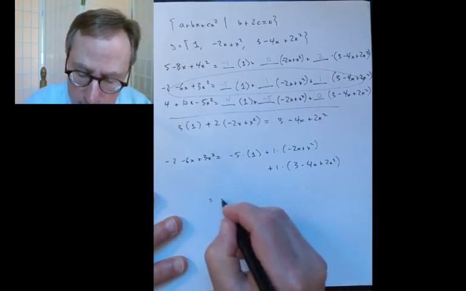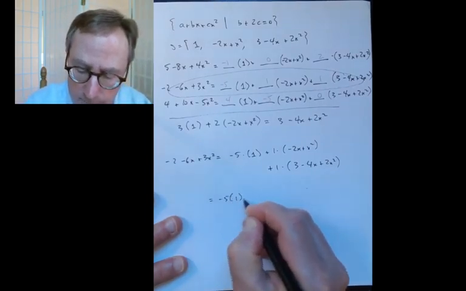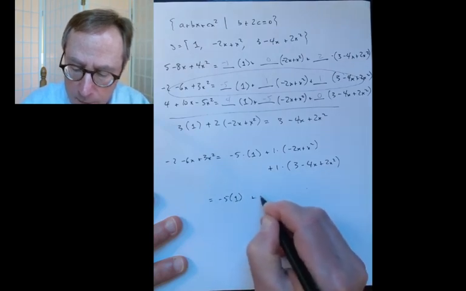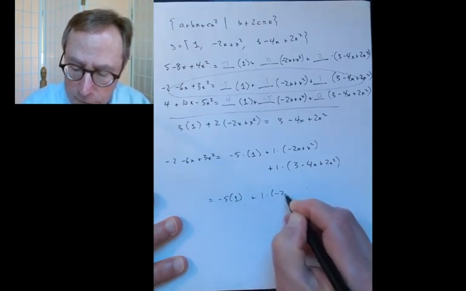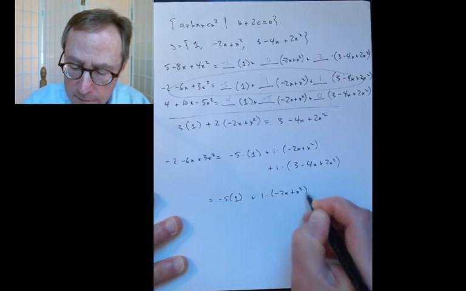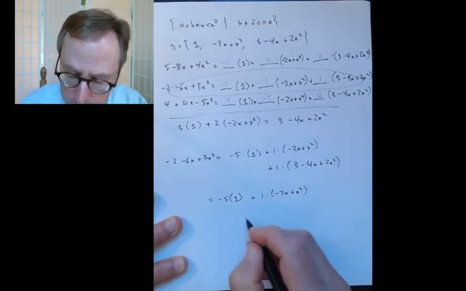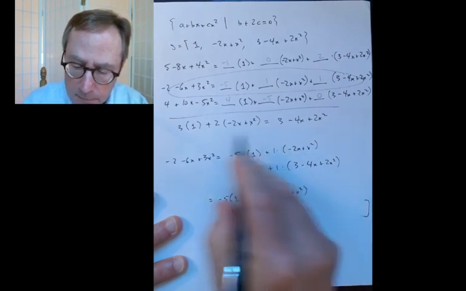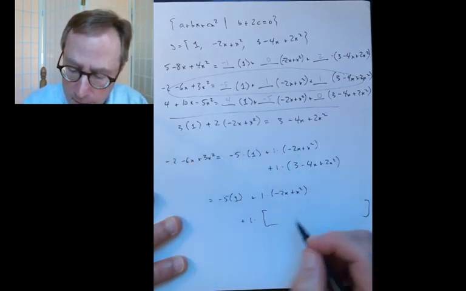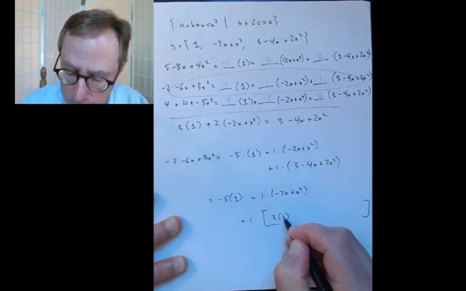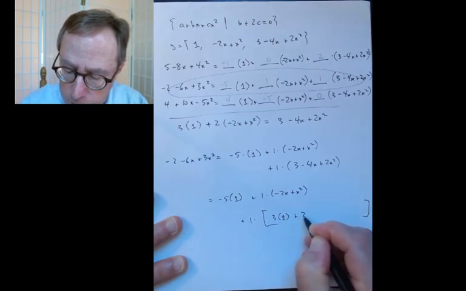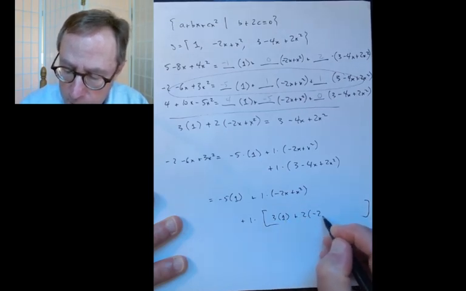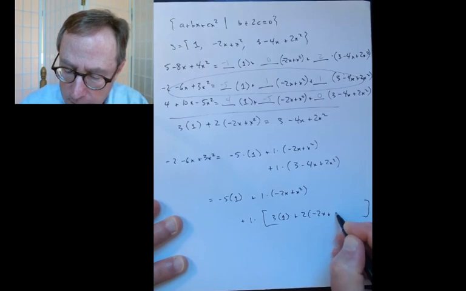Rewrite that as minus 5 times 1 plus 1 times minus 2x plus x squared plus 1 times, I'm going to copy this right into this blank space here, 3 times 1 plus 2 times minus 2x plus x squared.